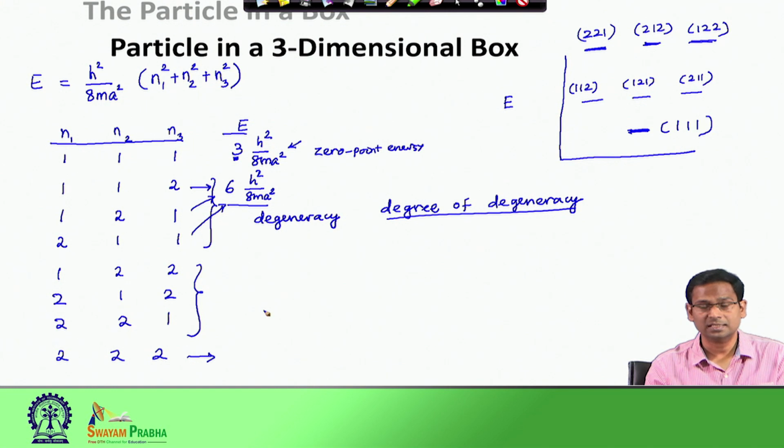The degeneracy that we encountered in this problem is because of the symmetry of the problem. If I write the eigenfunctions corresponding to 1 1 2, 1 2 1, 2 1 1, they would all be more or less similar except for where x, y and z appear. So, if I interchange the x axis, y axis and z axis, I can reproduce the same wave functions.